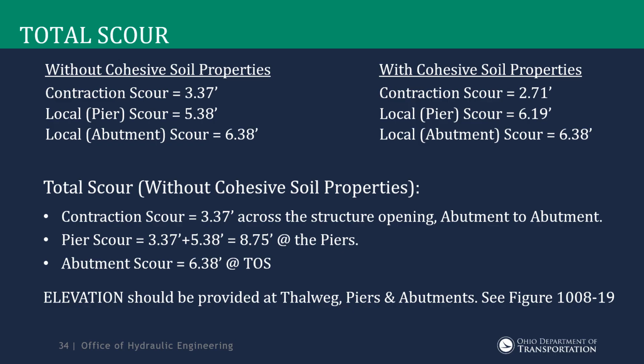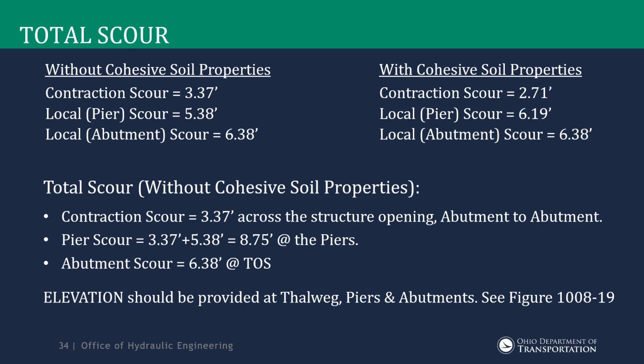So this particular bridge did not have the greatest amount of flows, but it's very typical for what we're seeing here in Ohio. And then the local pier scour was actually less without the cohesive properties, and that's because it doesn't use soil properties. And then the local abutment scour is the same because of the actual properties that it does use.